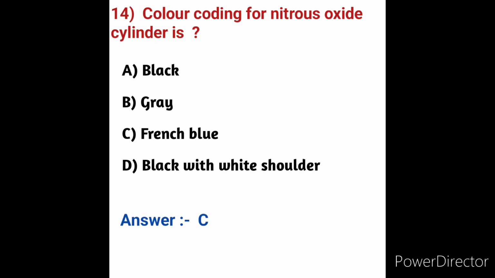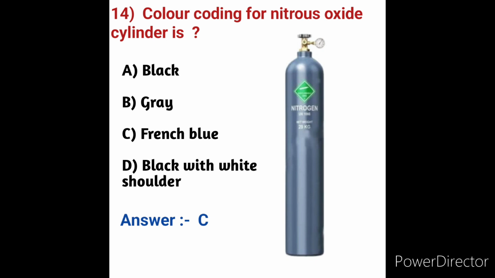Option B, grey, is the carbon dioxide cylinder. Option D, black with white shoulders, is the oxygen cylinder. So in this question, the color coding for nitrous oxide is option C, French blue. Here we can see the French blue nitrous oxide cylinder in this picture.